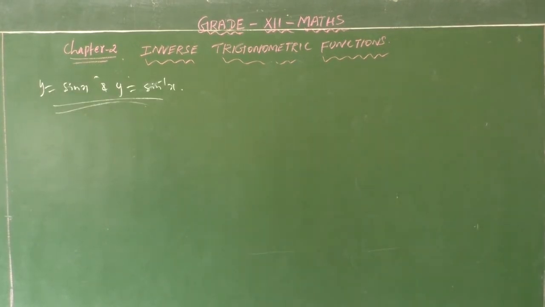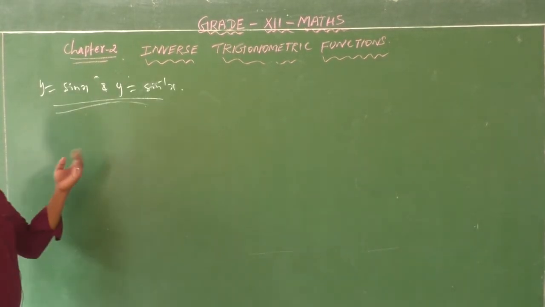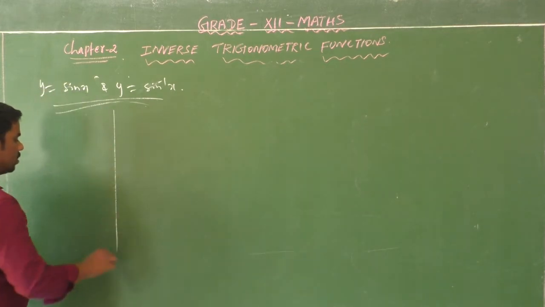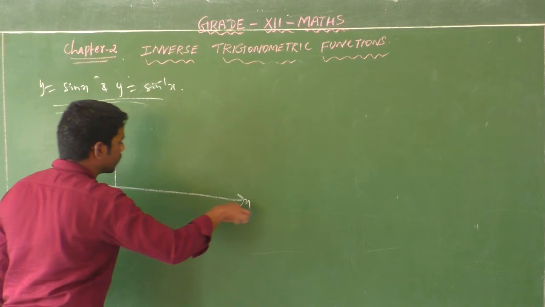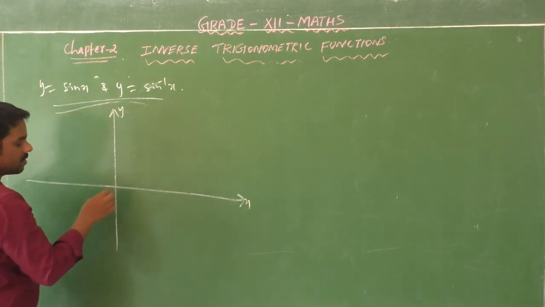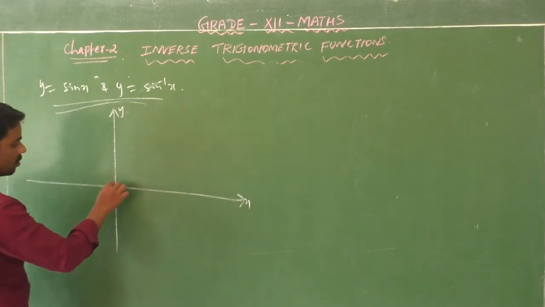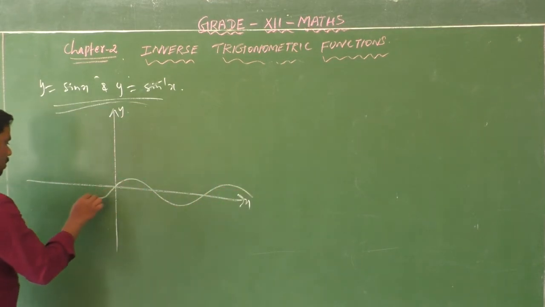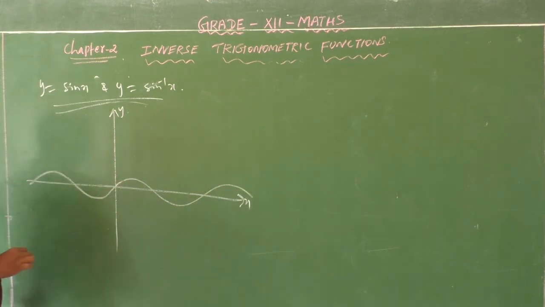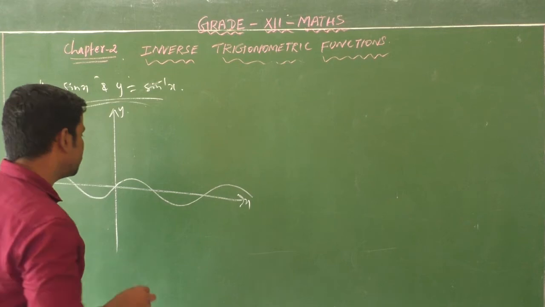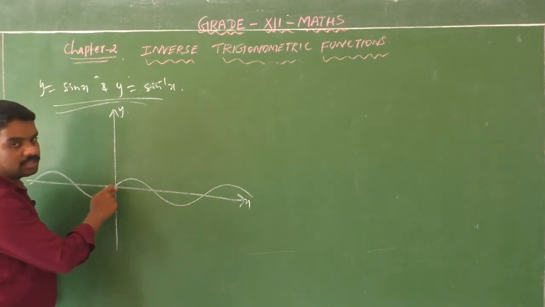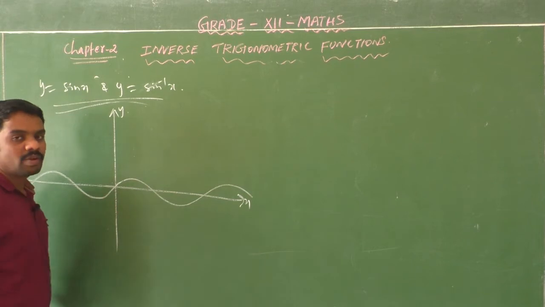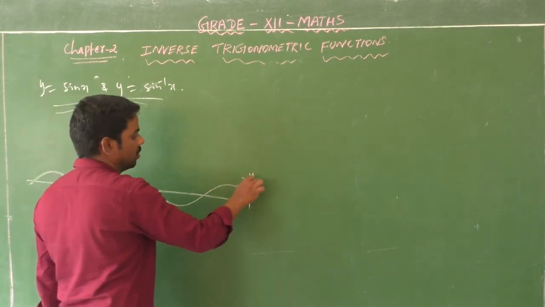Listen. Compare the curves y equals sin x and y equal to sin inverse x. You know that the y equals sin x curve passes through 0 comma 0. This is the y equal to sin x curve. So sin 0 is 0, sin pi by 2 is 1, sin pi is 0, sin 2 pi is 0.